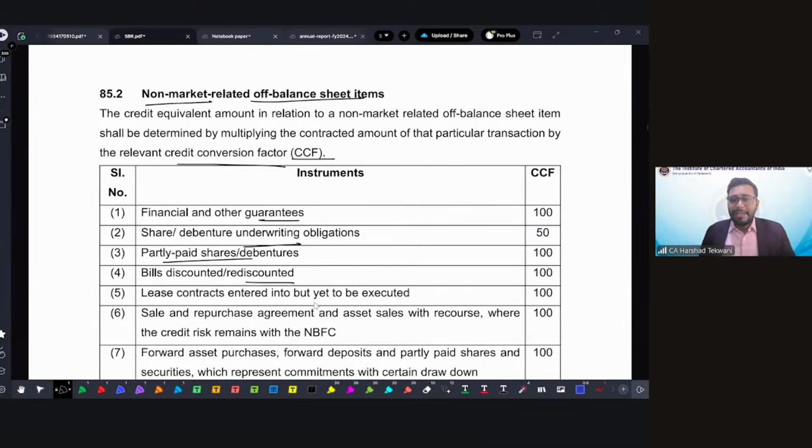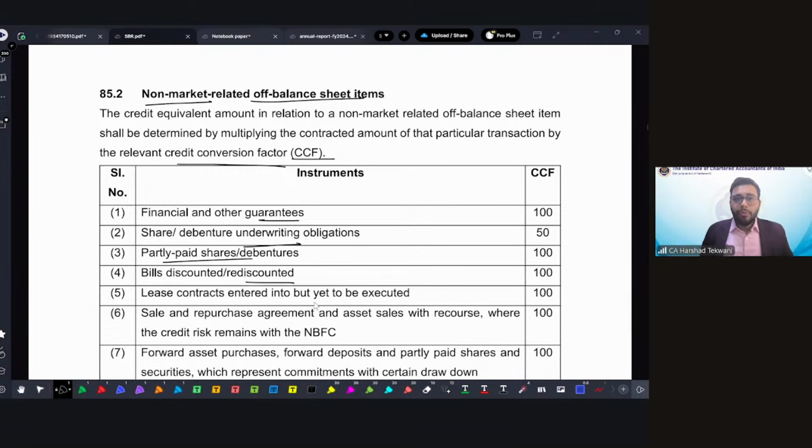You need to consider these also for the purpose of your calculation of tier 1 or tier 2 capital. But we will not go into the calculation part. This is for your understanding, of how weighted risk assets is calculated.